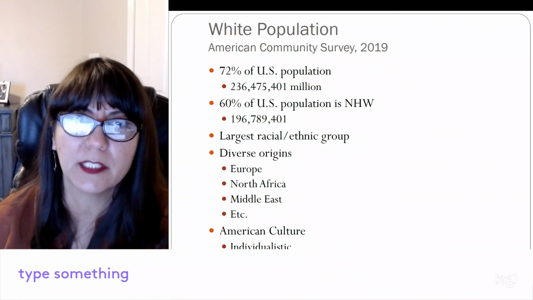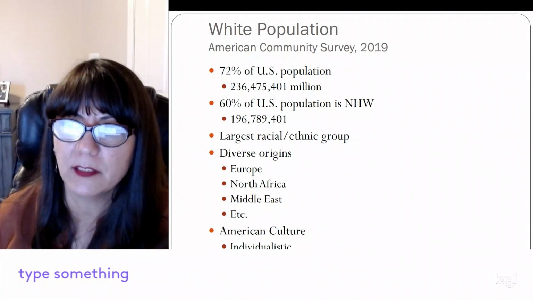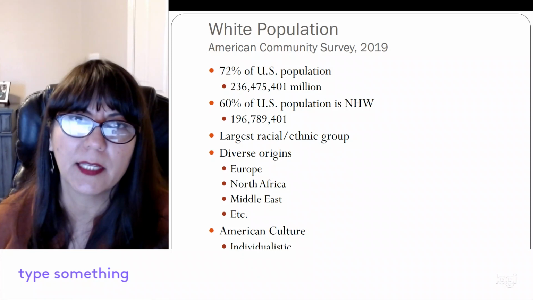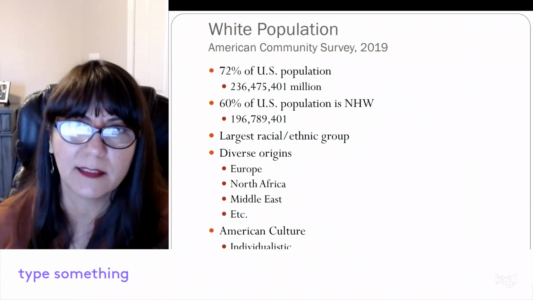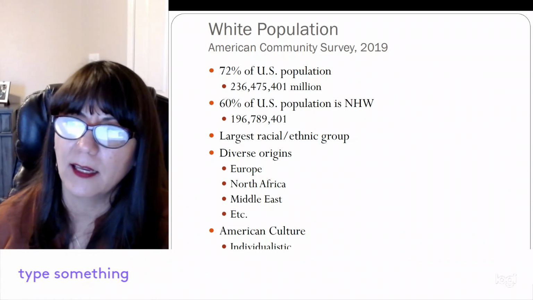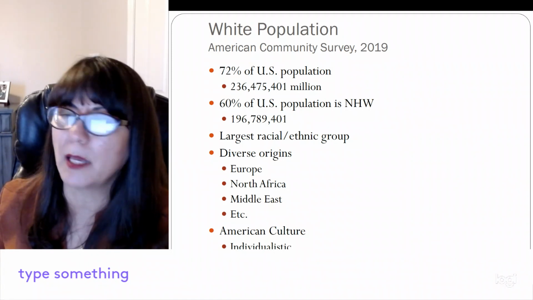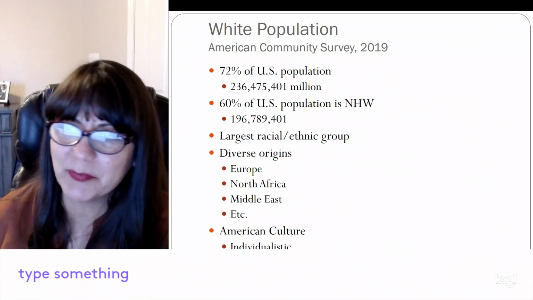They account for 72% of the U.S. population. Of the white population, 60% of the total U.S. population is non-Hispanic white. So still the largest racial ethnic group. I mean, not minority, but the group.